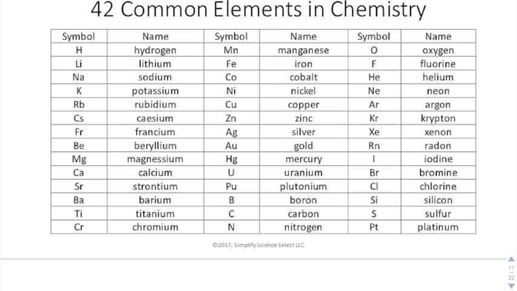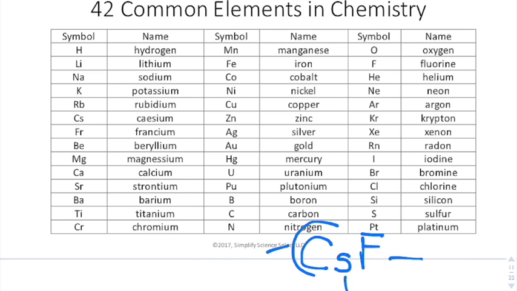Now these are the 42 most common elements in chemistry that you use in introductory chemistry. You are responsible for knowing the symbol and the name. You don't have to memorize all 118, but these are by far the most common ones you will see. And so when you see something like this, you shouldn't say carbon, sulfur, fluorine.